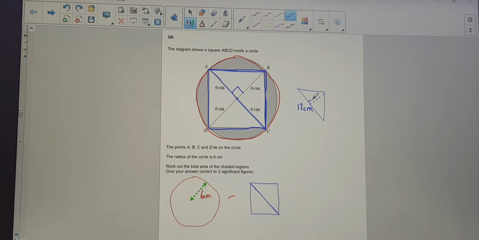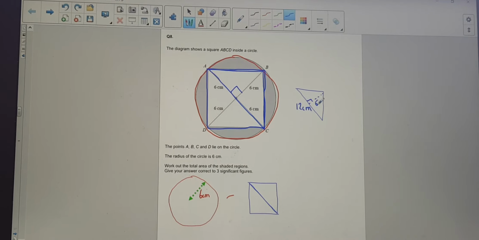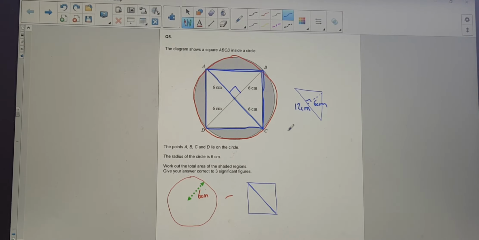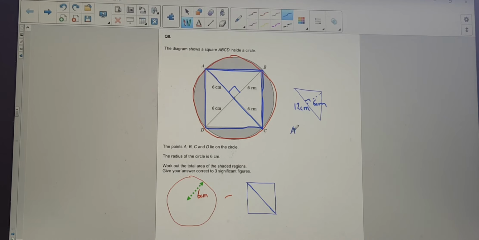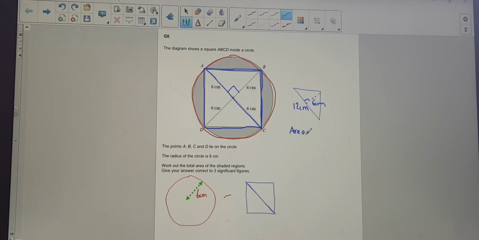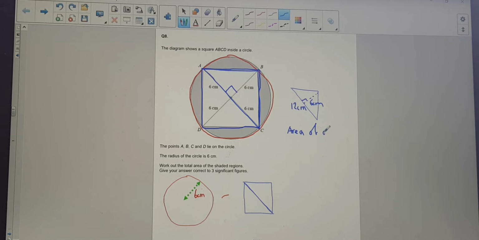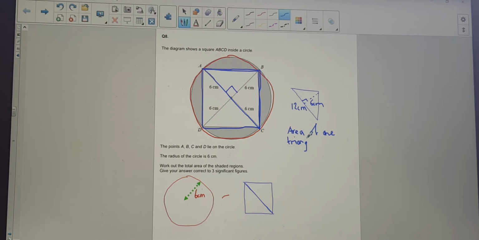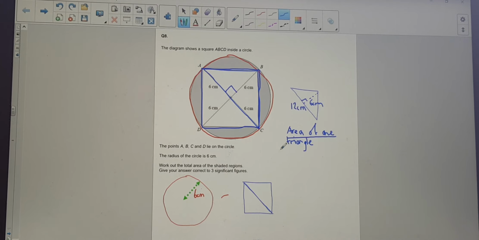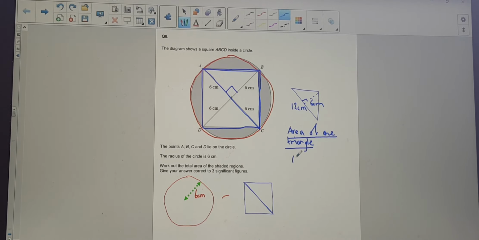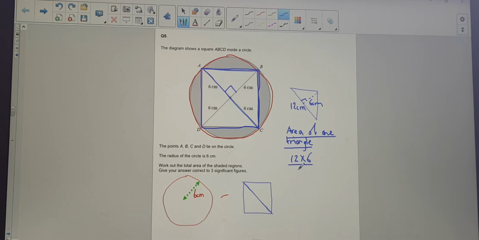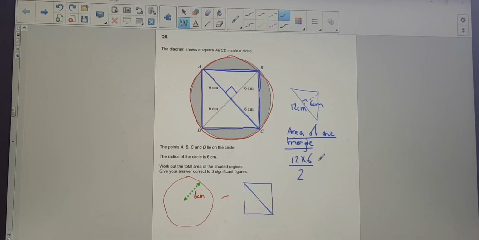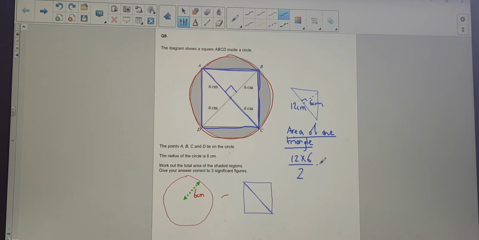Yeah? Base times perpendicular height, divide by 2. Let's work out the area of one of those triangles. So area of one triangle, with very bad handwriting, that's going to be the base times the perpendicular height divided by 2. 12 times 6 divided by 2, that's going to give me 36 centimeters squared.